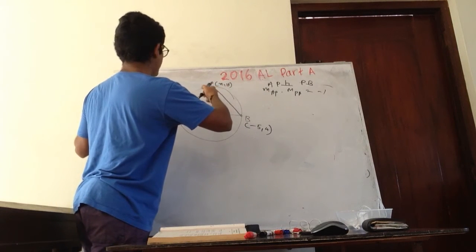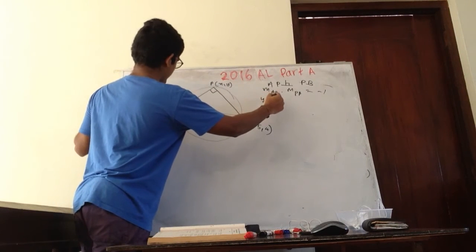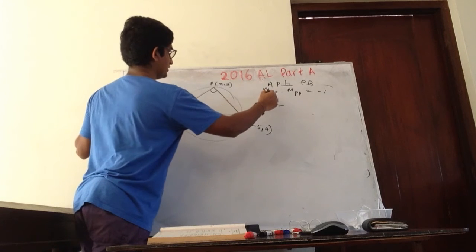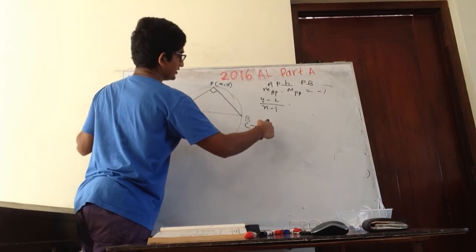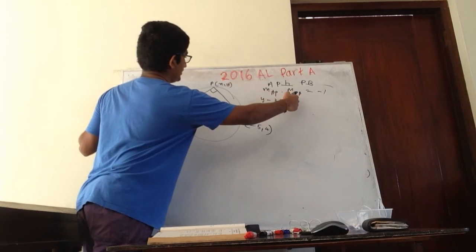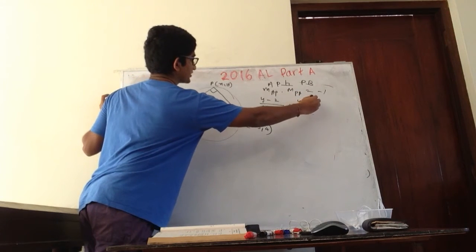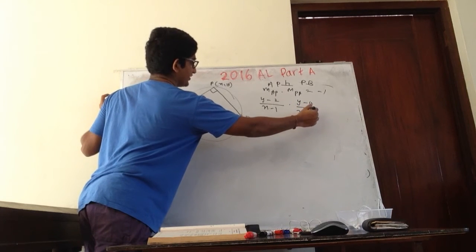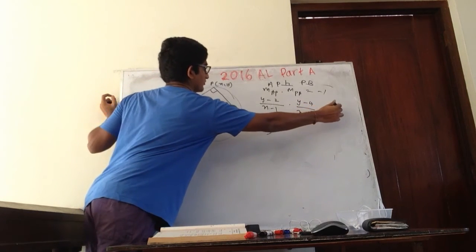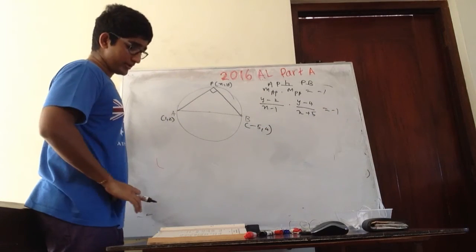Right? So what is m_AP now? So the gradient will be (y minus 2) over (x minus 1). PB will be (y minus 4) over (x minus 5, which is plus 5). Right?